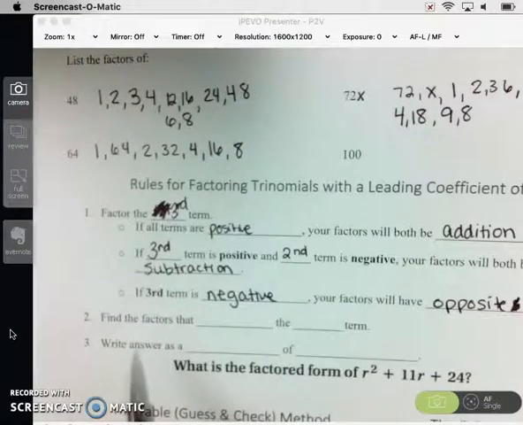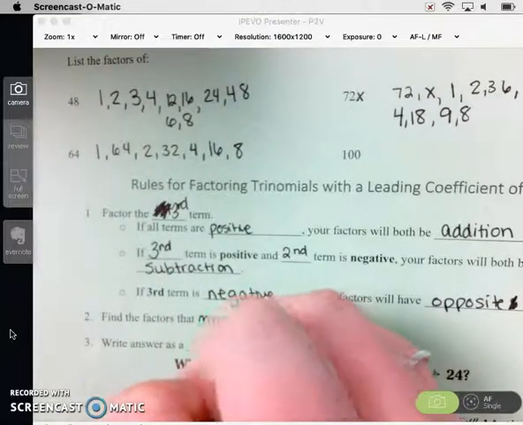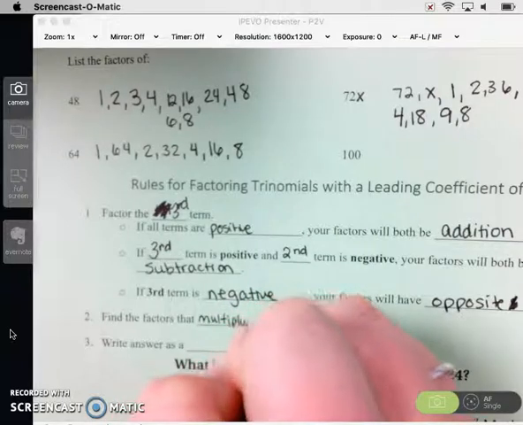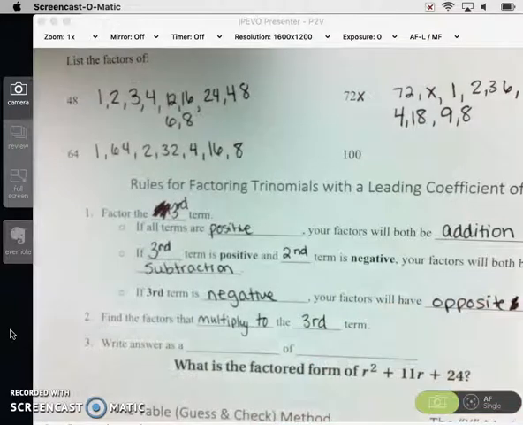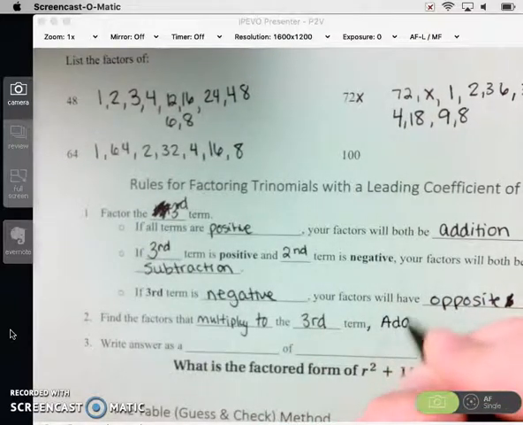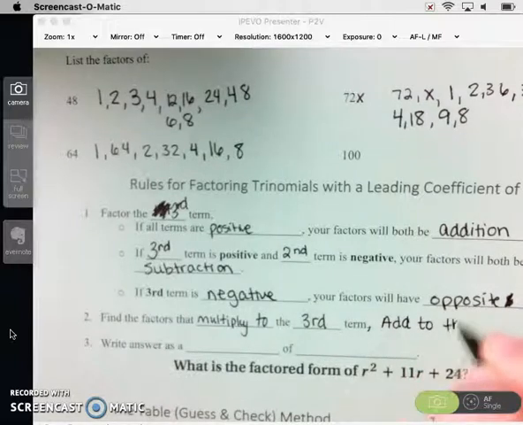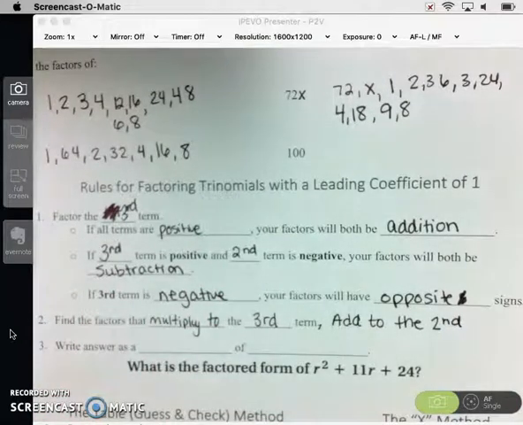What that means is find the factors that multiply to the third term and also add to the second. Now this is a lot of stuff that doesn't make sense until you get working with them. So it's just a reference to come back to.